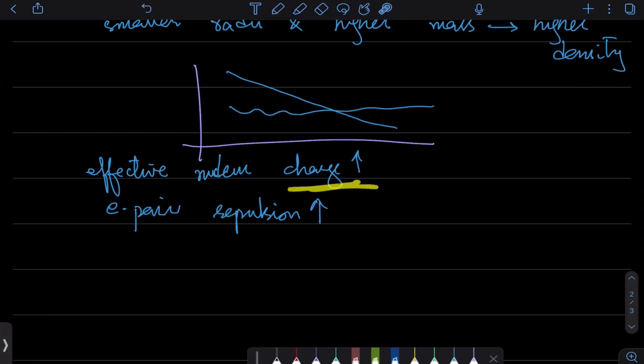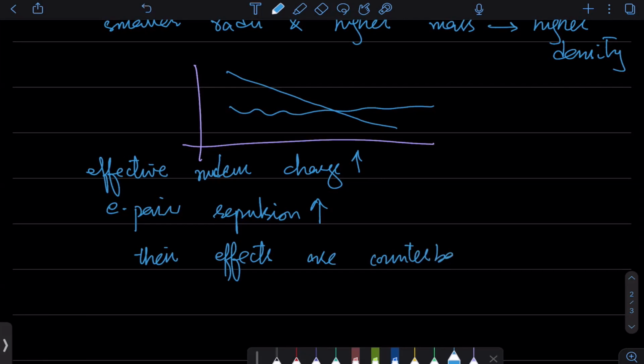This should reduce the size of the atom. That should increase the size of the atom, but the effects are cancelled out. So their effects are counterbalanced or cancelled out. So radii are roughly the same throughout.